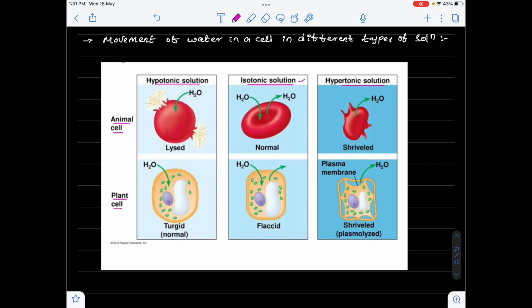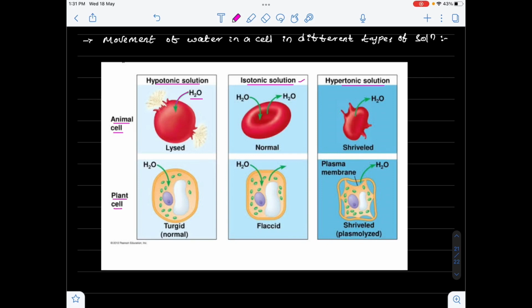Now let us start with the animal cell placed in hypotonic solution. When we place an animal cell in hypotonic solution, the solvent is more in the external solution.